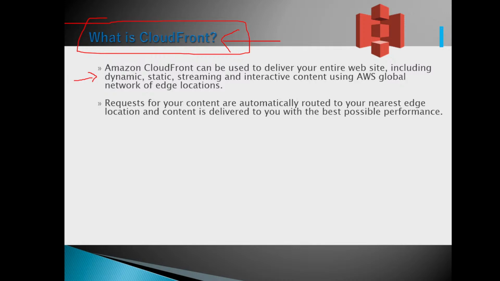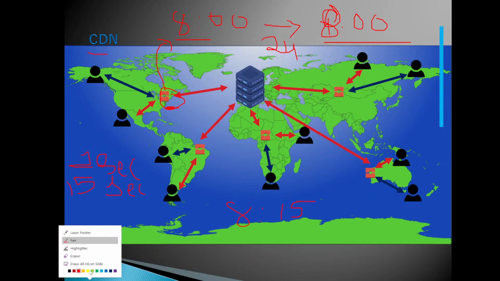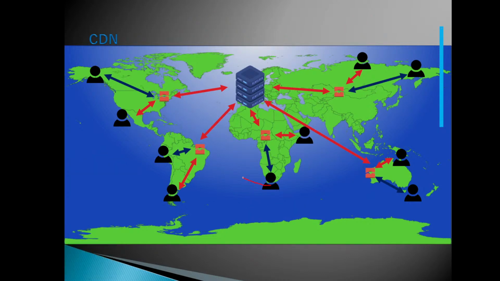Now the second question: how will the user's request be routed to the nearest edge location? It's the internet. Are you going to do the configuration over the internet for each edge location?